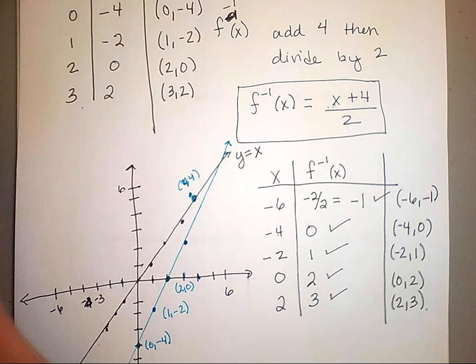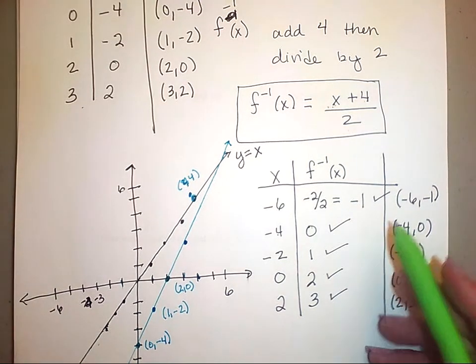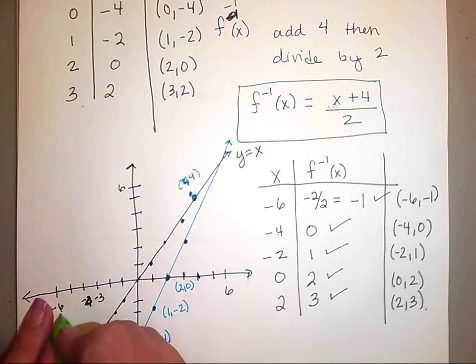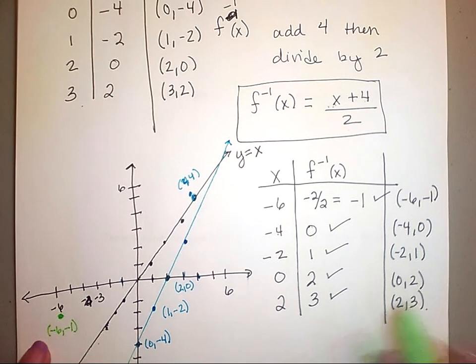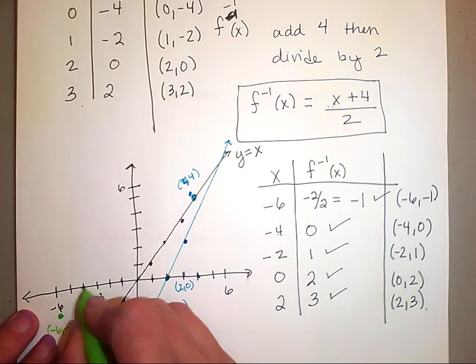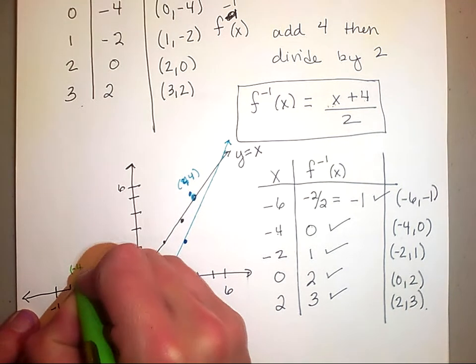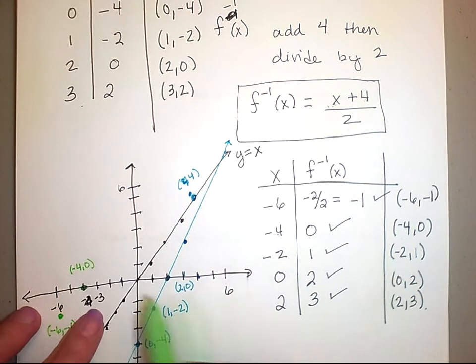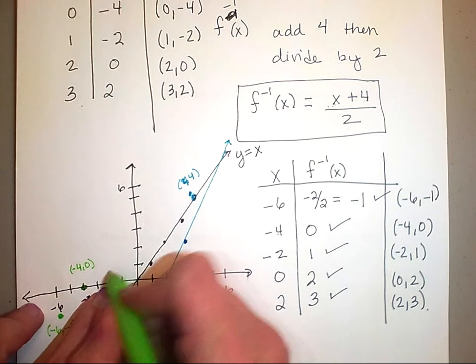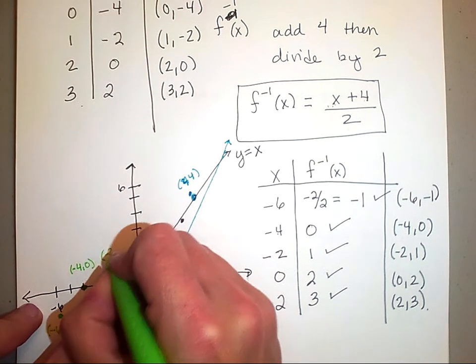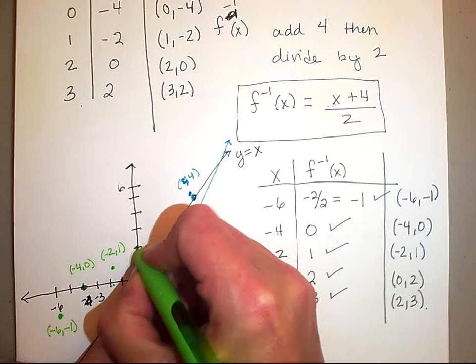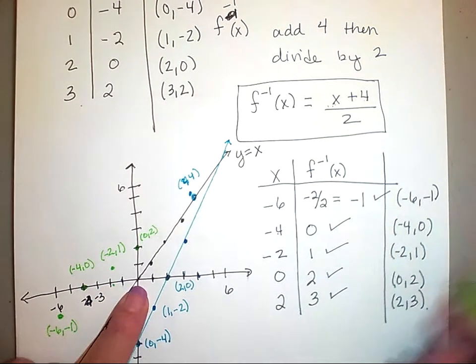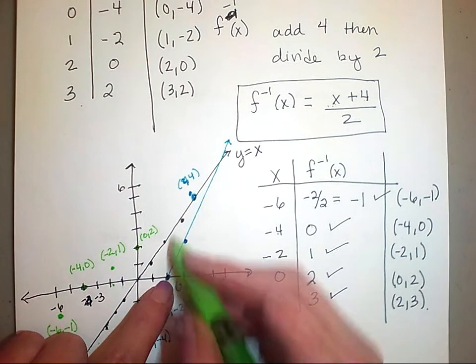Alright, now let's do the opposite of it. Negative 6, negative 1. And then negative 4, 0. Negative 2, comma 1. 0, comma 2. And then 2, comma 3.